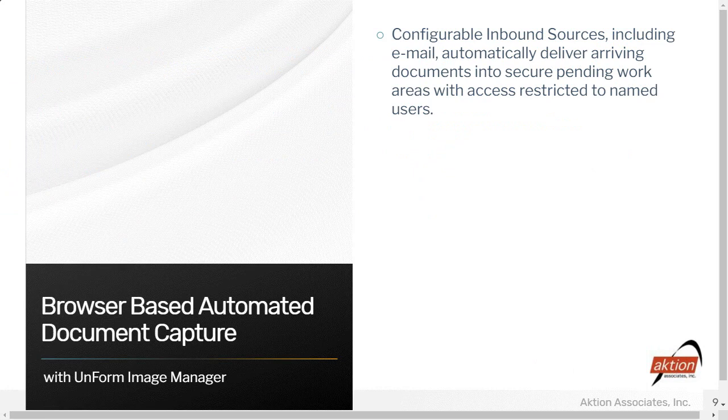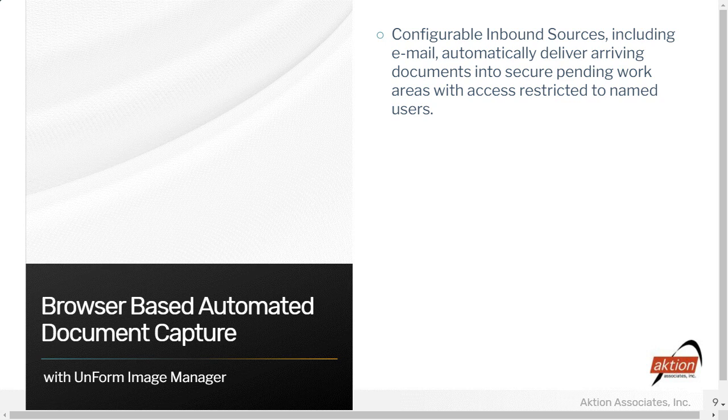The automation starts with what we call inbound sources, and they're configurable based on what needs to happen to a document. Those sources can be an email box, so we can monitor a mailbox, and you can also have aliases associated with it, so you could split documents up to different folks if needed.